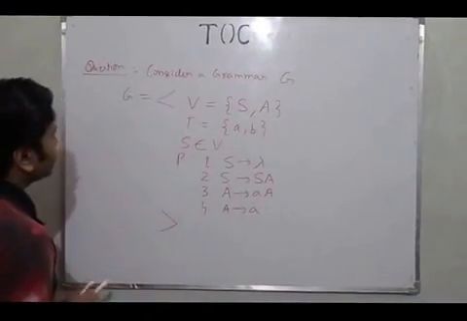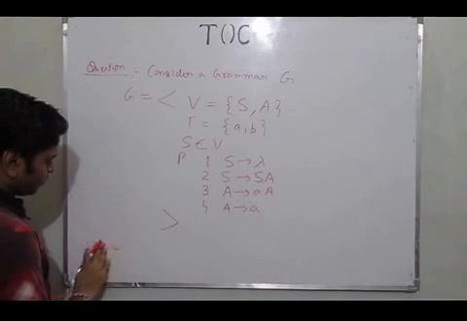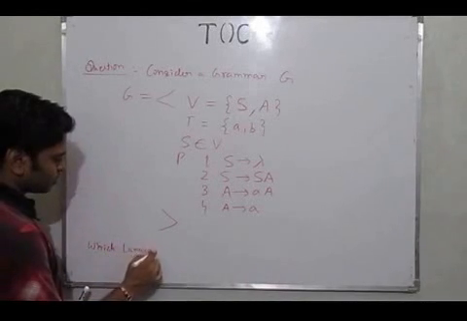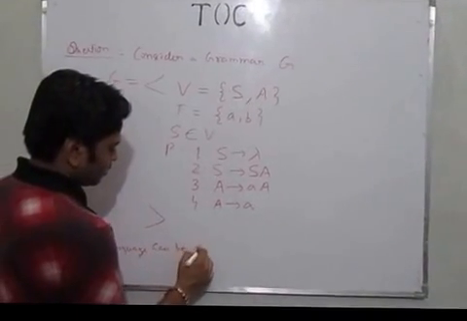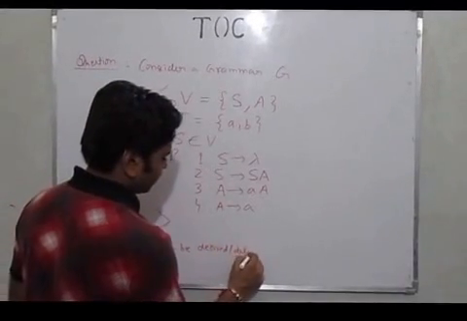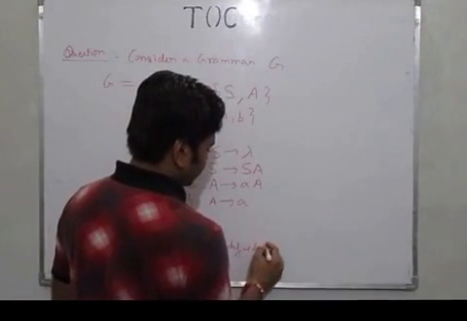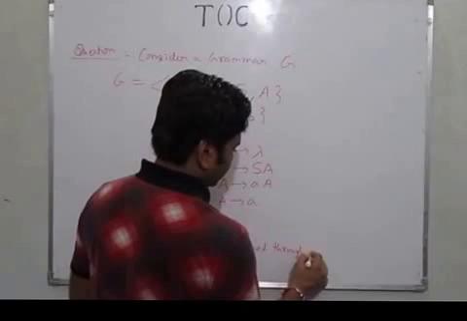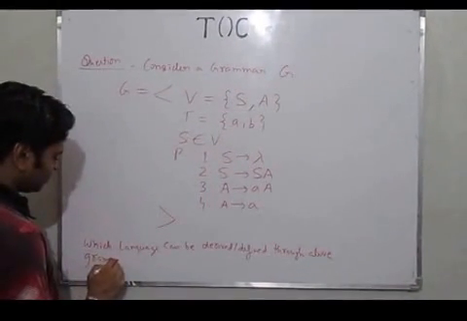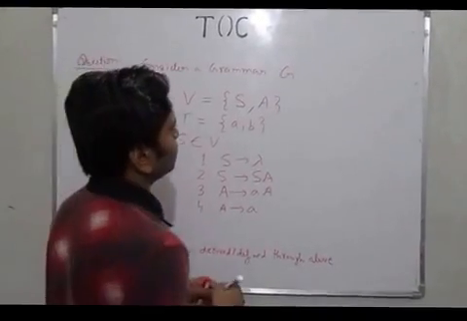The question would be: which language can be derived or defined through the above grammar G. Fine. This is the question. So how can we solve this? Let us check that.